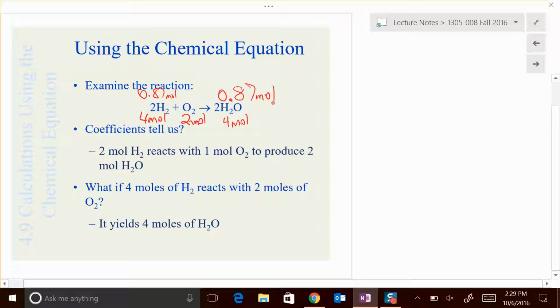Right? Look at the relationship between hydrogen and water. They're the same, right? I have 2 moles here, I have 2 moles here. If I have 2 moles of H2, I make 2 moles of water. So if I have 0.87 moles of H2, I have 0.87 moles of water that I produce. Okay? So that's what this is helping me see. Well, how much oxygen would react with that?